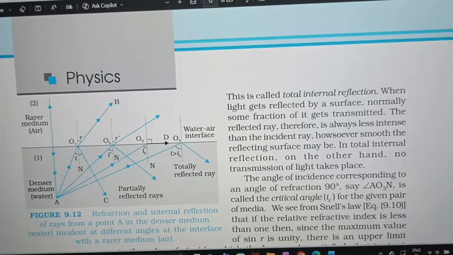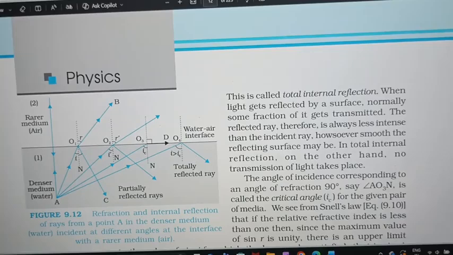Now normally some fraction will get transmitted, so the reflected ray will be less intense. See over here the ray is moving, a part of it got refracted, meaning transmitted, and this is getting reflected. So this intensity will be less because some part of light is lost over here. But in total internal reflection nothing is lost because it's not getting refracted, so the reflected ray will be more intense.